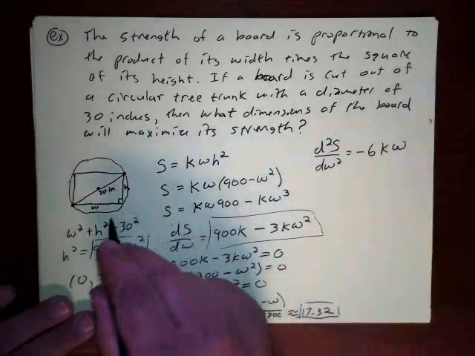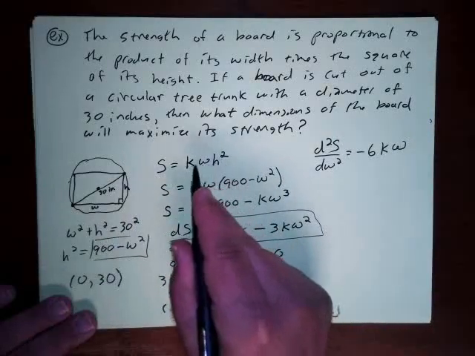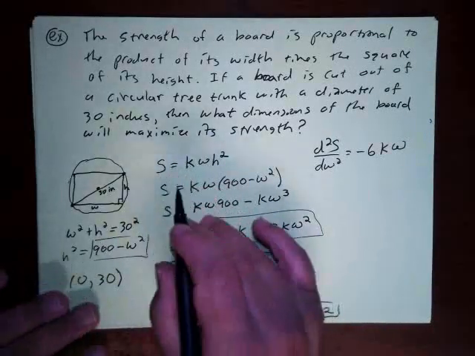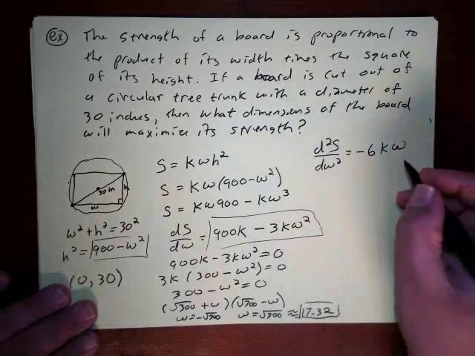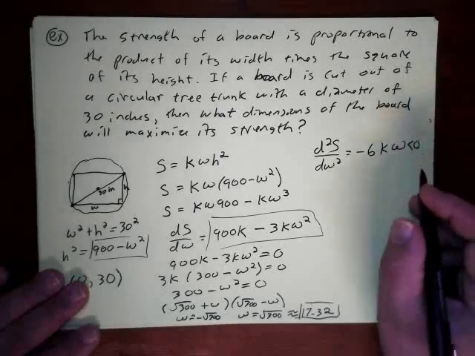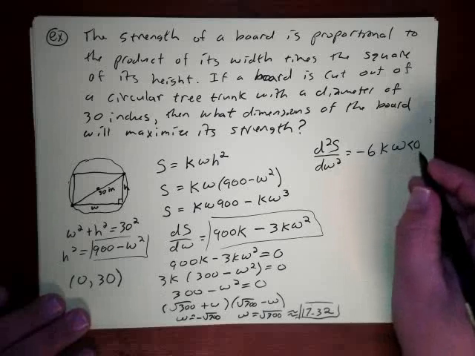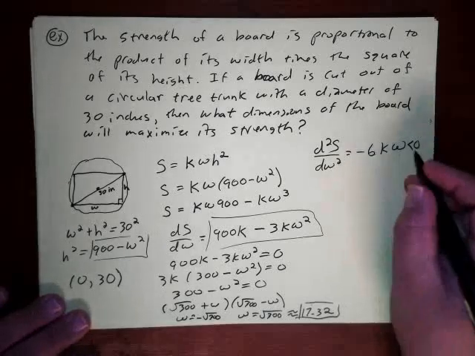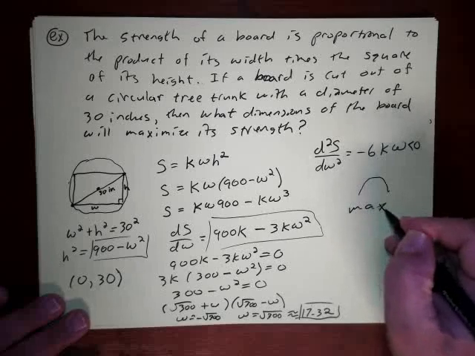And k here is going to be positive, because we want both the W and the H positive, and we want the strength to be positive. So we're just assuming k is positive. So this is going to be negative, below 0 for any value inside this interval, actually. Since it's less than 0, we know it's concave down, and we have a max, right?